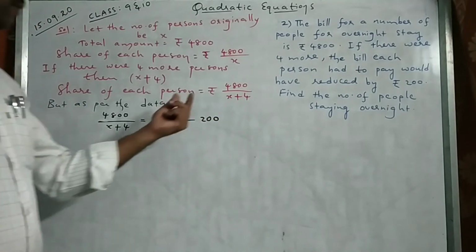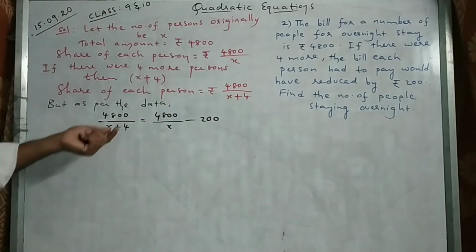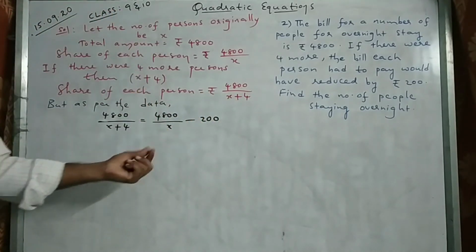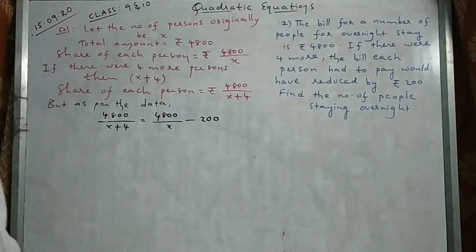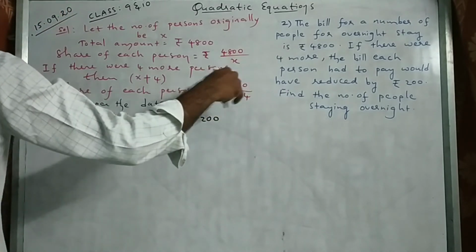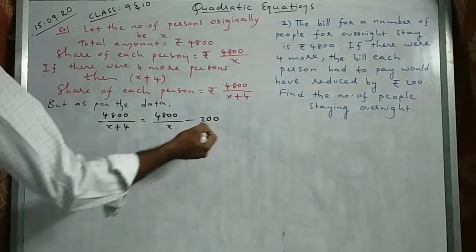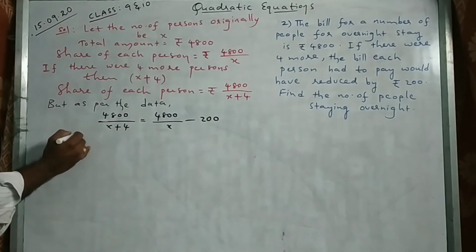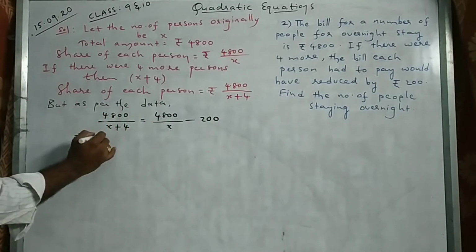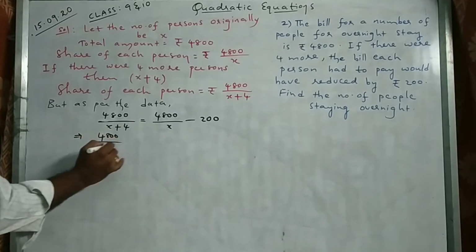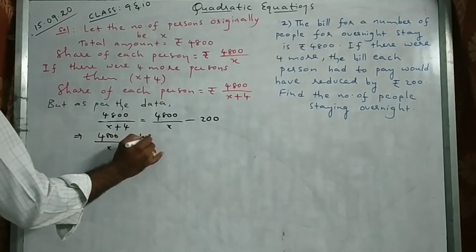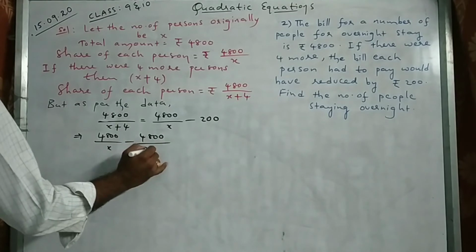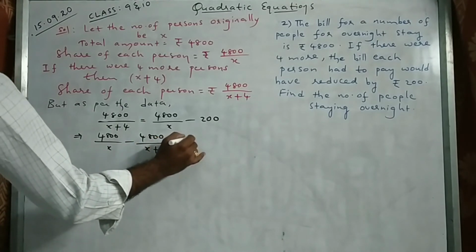Because if persons are more, share of each person will be reduced. How much is reduced? 200. After increasing is equal to before minus 200. Small logic here, all the problems are the same concept. So 4800 by x minus 4800 by x plus 4 is equal to 200.